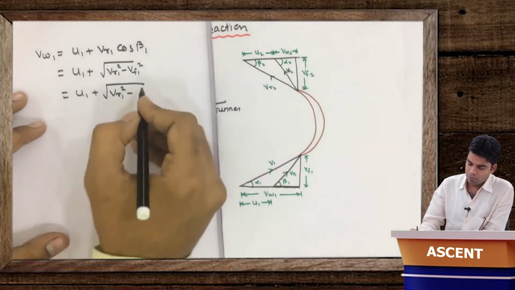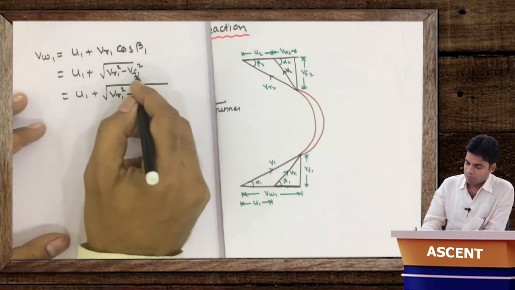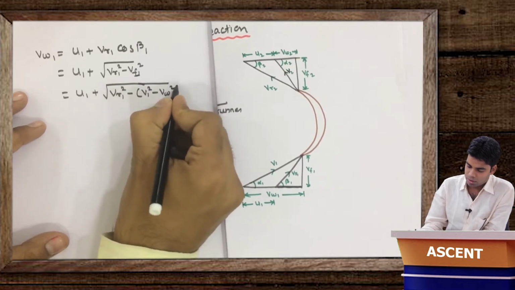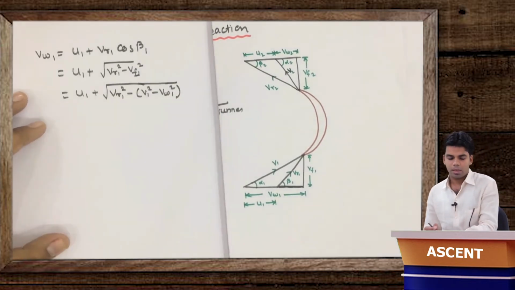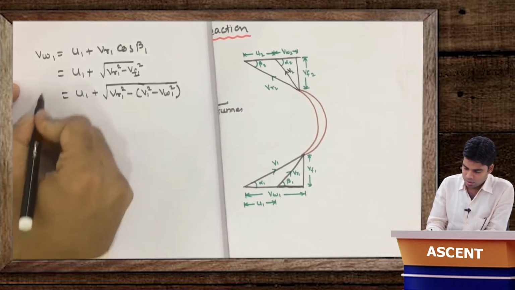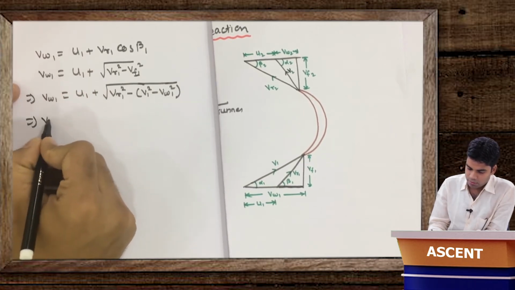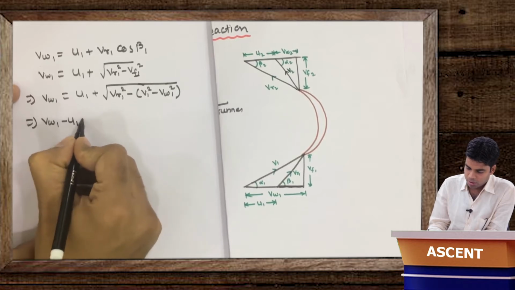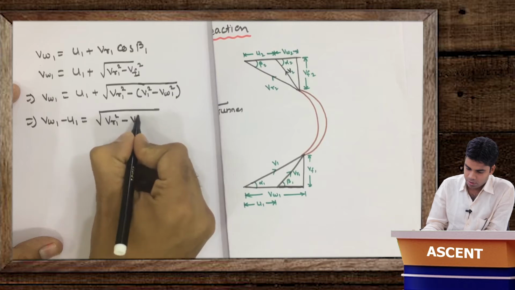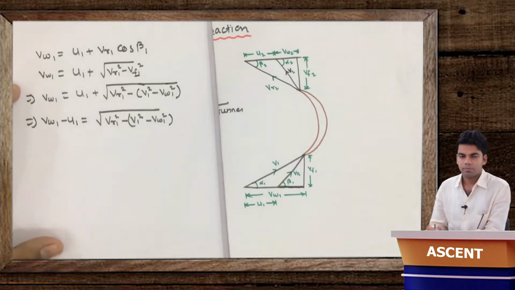So this will be the square root of VR1 square minus (V1 square minus VW1 square). Getting this now? Further, VW1 minus U1 is equal to the square root of VR1 square minus V1 square plus VW1 square. Getting this?